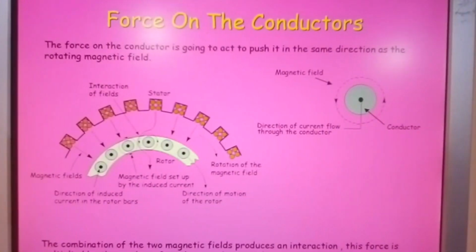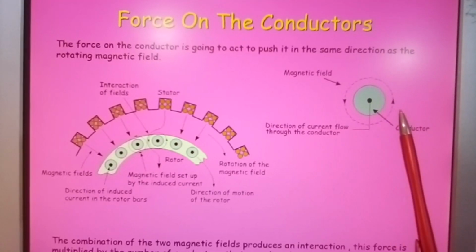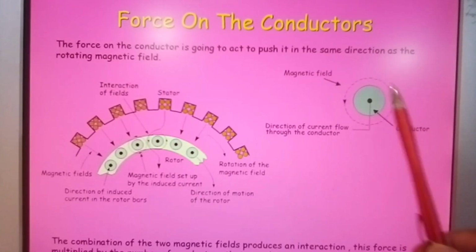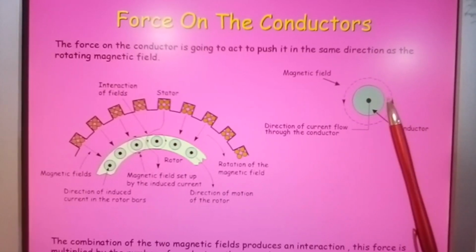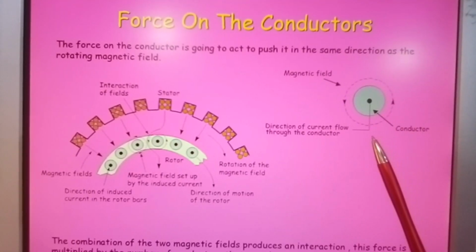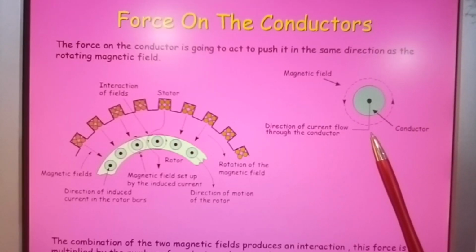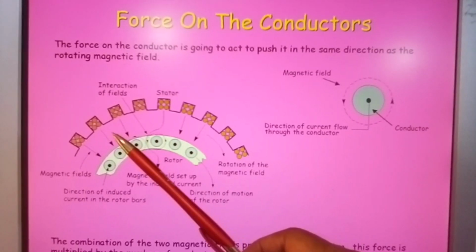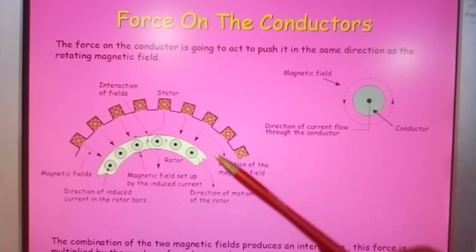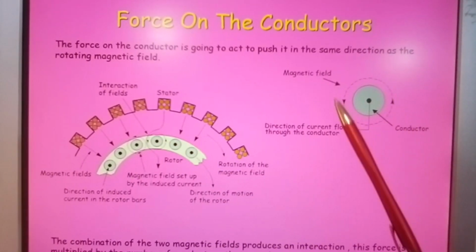Now I have to say that I'm a bit dubious about this, because here it's given me the direction of the magnetic field that way, but it's possible that this is showing me the magnetic field around one conductor. Because here we have the rotation of the magnetic field going in that direction, that is clockwise, whereas this is indicating it's going anti-clockwise.